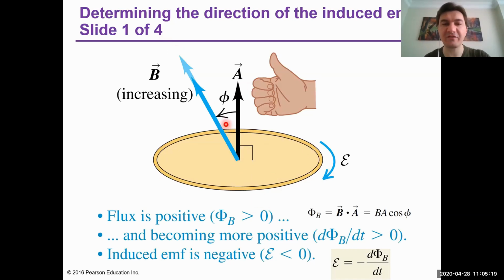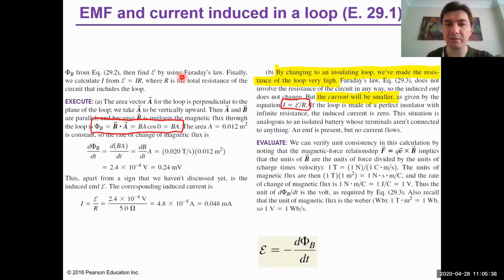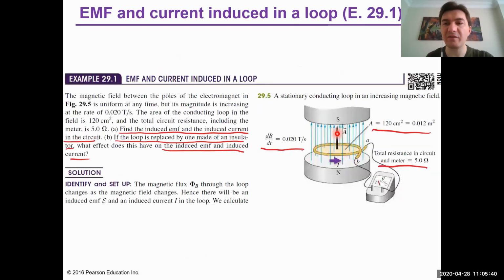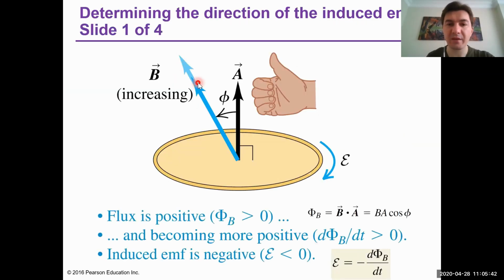This is the direction of the magnetic field. At the beginning, we have a magnetic field like this. This is the magnitude of the magnetic field, but the magnetic field increases by time.